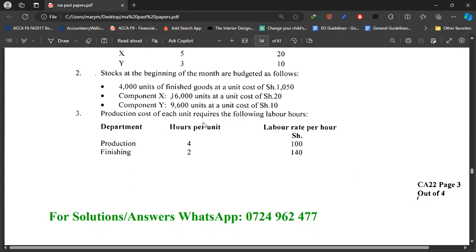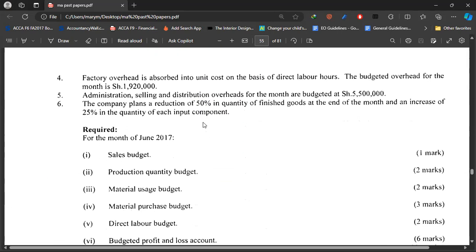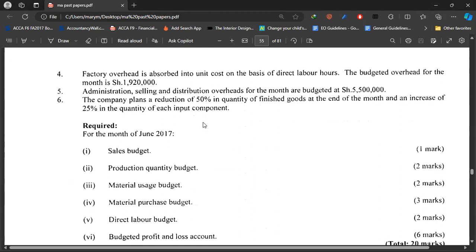Can you scroll down, please? Factory overhead is absorbed into unit cost on the basis of direct labor hours. The budgeted overhead for the month is shilling 1,920,000.